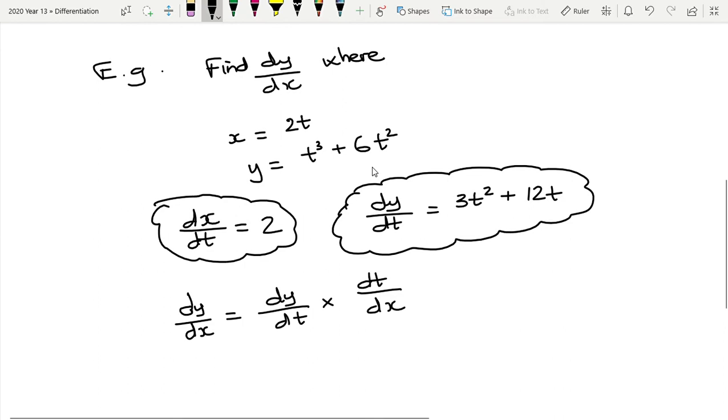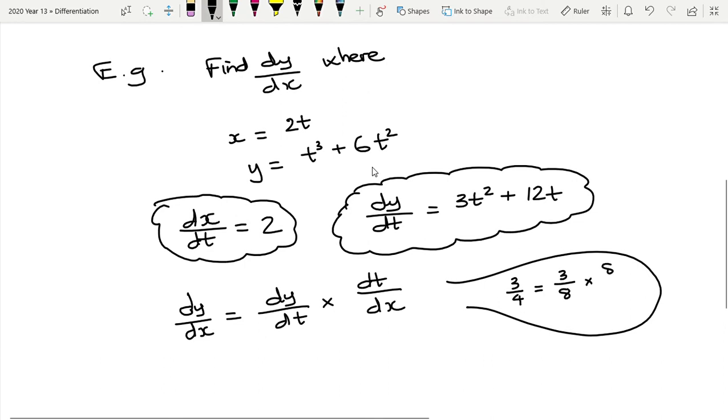In fact, I'm going to write down an example so you will understand better. If I say 3/4, it's going to be the same as if I slide in a number down here: 3/8 times 8/4. See that? Same answer, right? That's a very nifty trick.